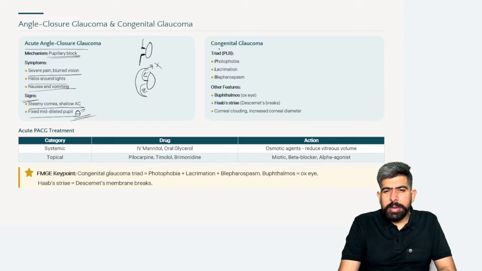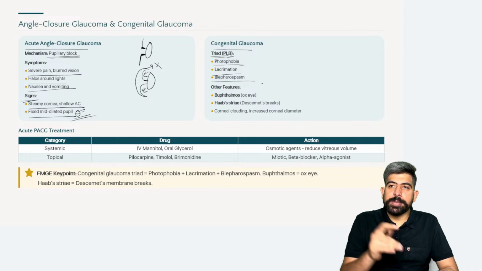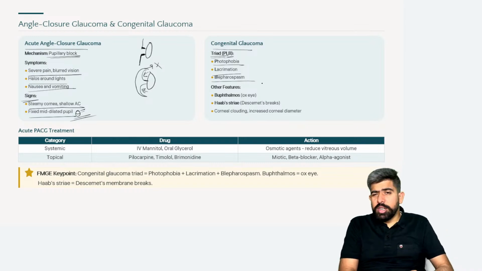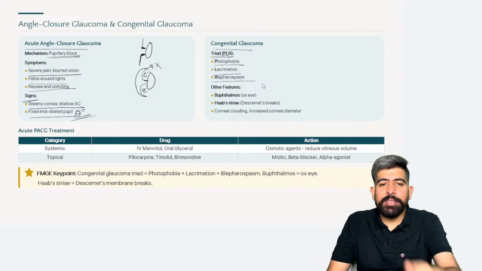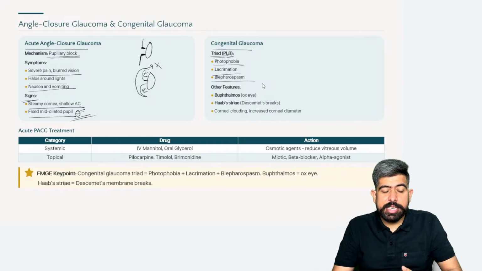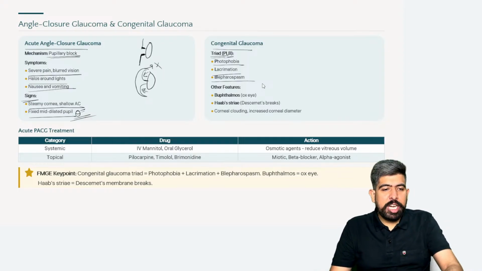Congenital glaucoma also has a triad, which is PLB: photophobia, lacrimation, and blepharospasm, the involuntary closing of the eyelids. This triad will be seen in congenital glaucoma.